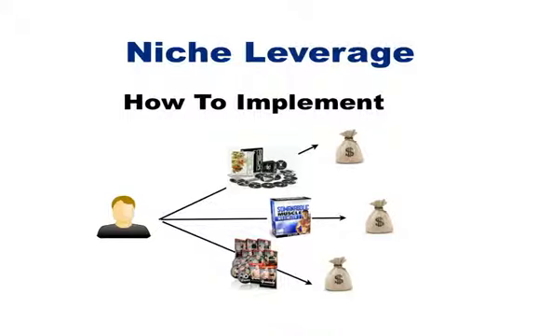So here's another example, just so you guys can know that this can be done in every single niche. Here's a totally different niche, which is the bodybuilding niche. And let's say you have a customer who's interested in that. He's not going to only be investing in one product.